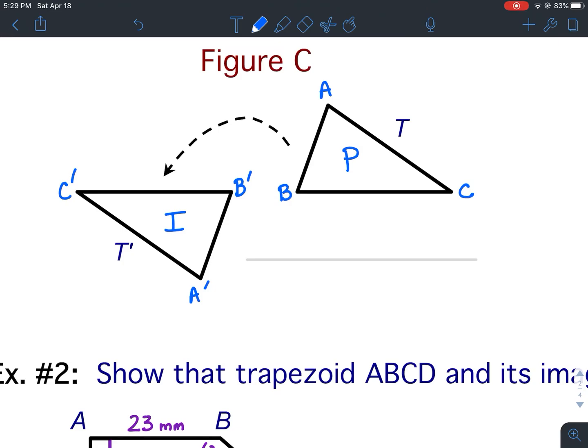It's completely different orientation. And as you could also see, it turns. The figure turns. Well, the type of transformation where you have a figure that turns is called a rotation. So again, this is not our answer. This is a rotation, not a translation.